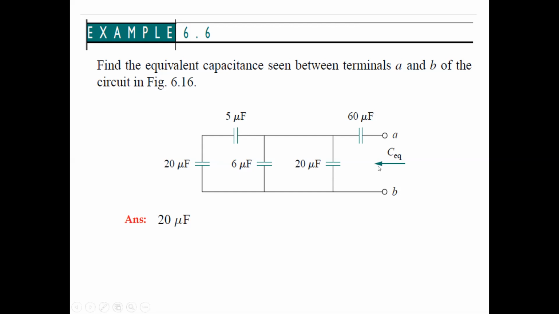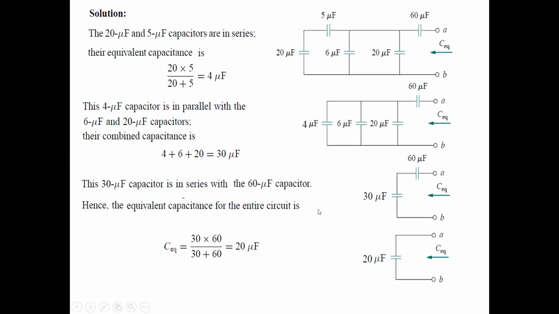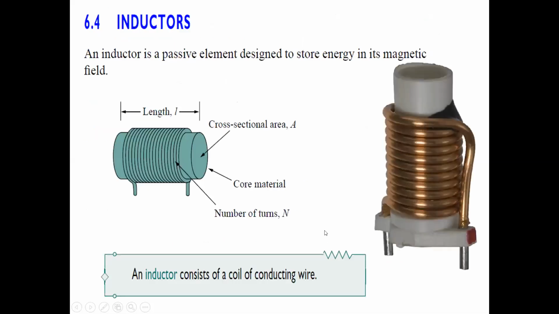Then 10 and 20 will be in parallel, and the result will come out to be 30, and then 30 and 60 will be in series, and the result will come out to be 30 multiplied by 60 divided by 30 plus 60, which is 1800 divided by 90, and the result will be 20 microfarad. These are the steps. You can easily verify the steps.